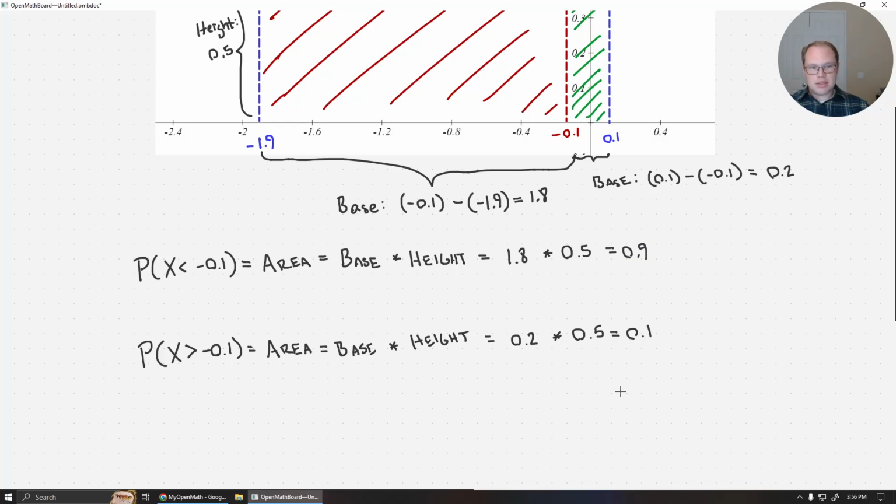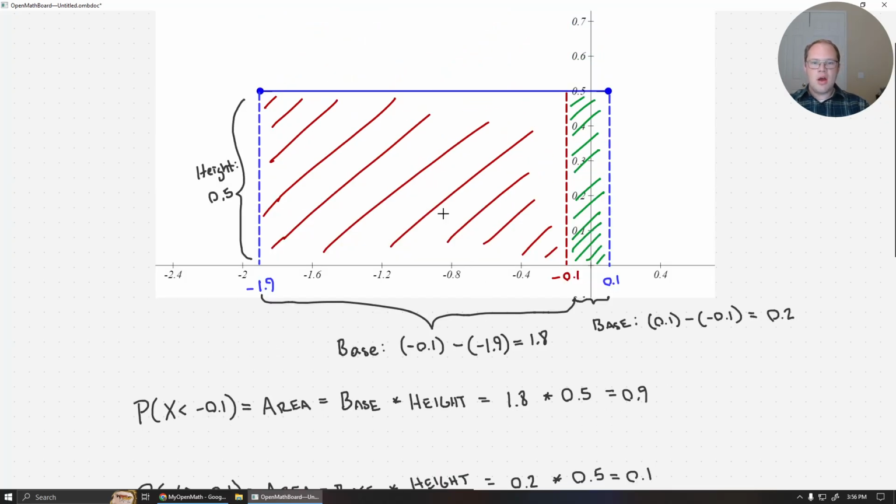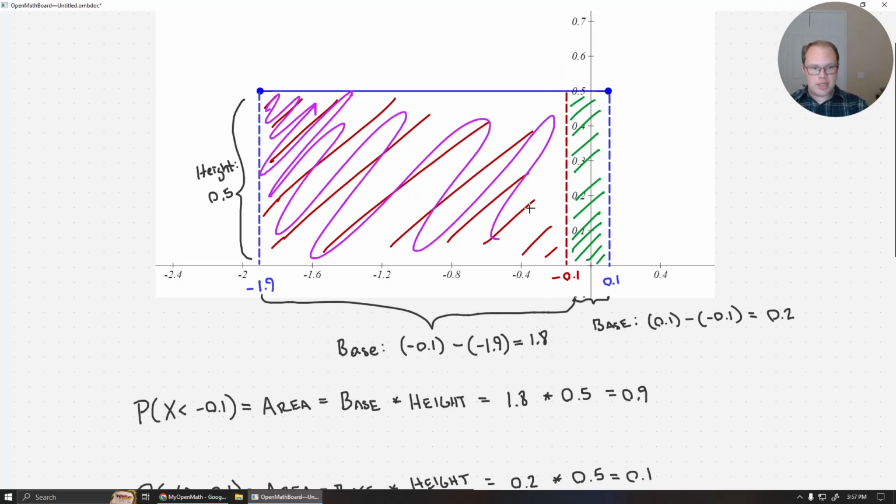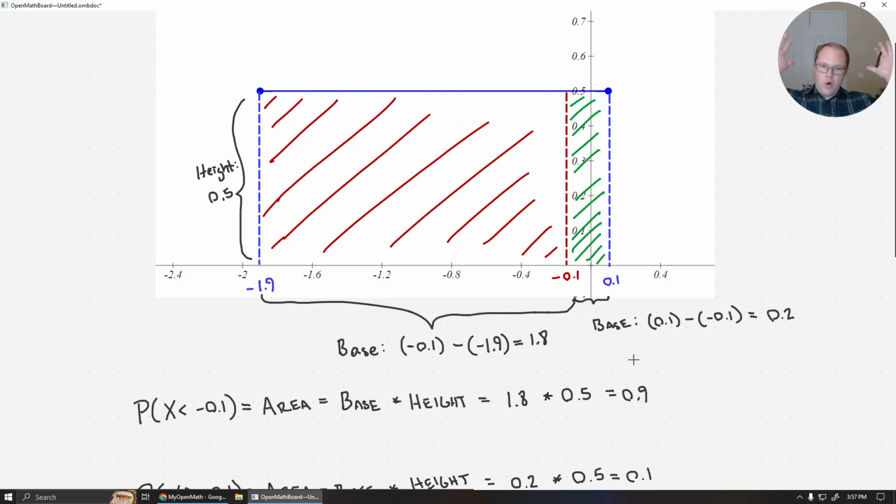That makes sense because the rectangle on the left and the rectangle on the right together fill up the whole area underneath that line. And I know that the whole area underneath my probability density function is equal to 1. So together they should be equal to 1.